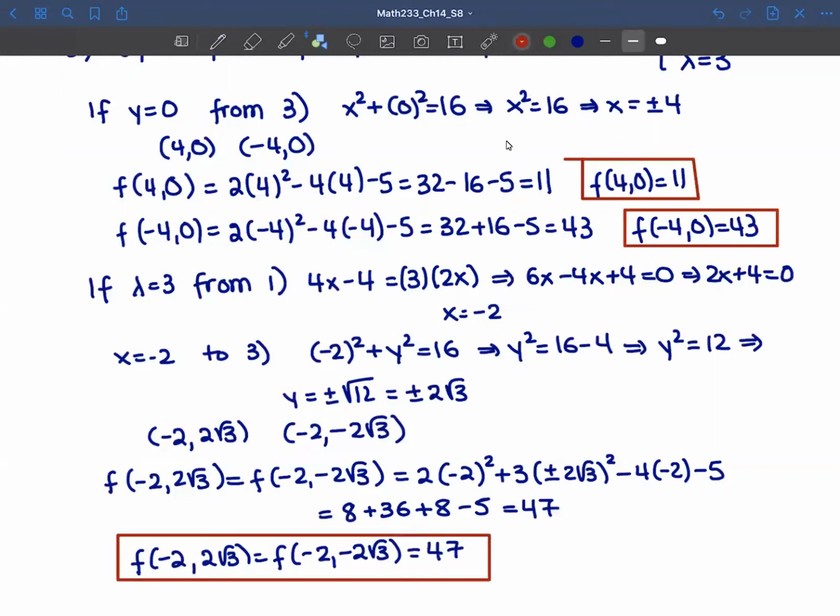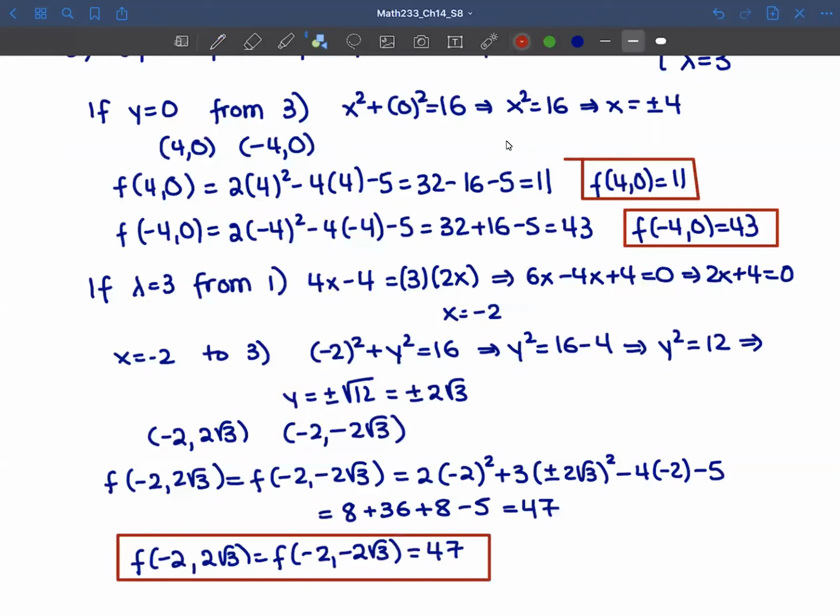And we now need to compare this value that we have found by checking the critical points and also using the Lagrange multipliers.